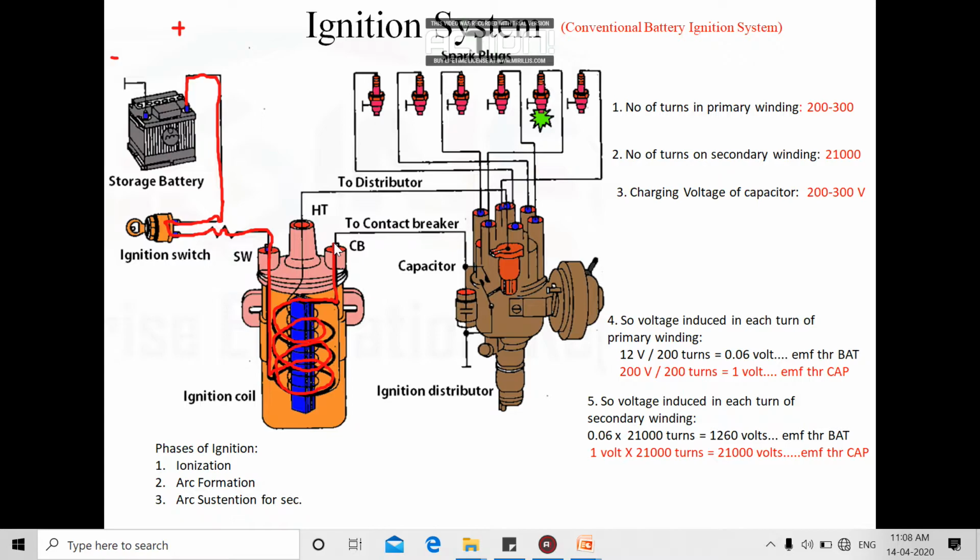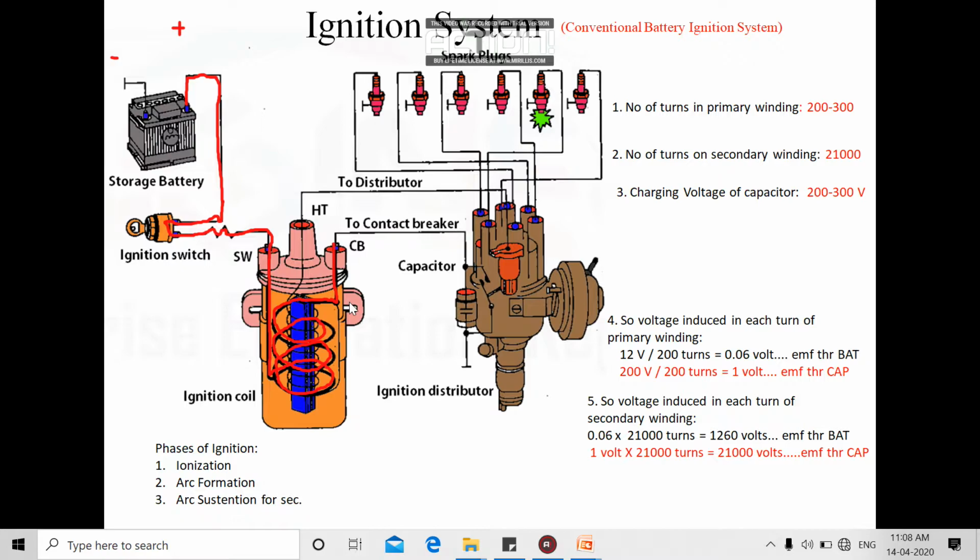Now we know one thing, as we studied in basic electrical and electronics subjects: whenever current flows through a winding, a magnetic field develops across it. And the development of the magnetic field will not be very sudden, it is gradual, like a sunrise.